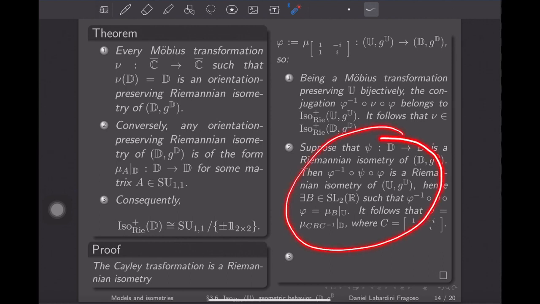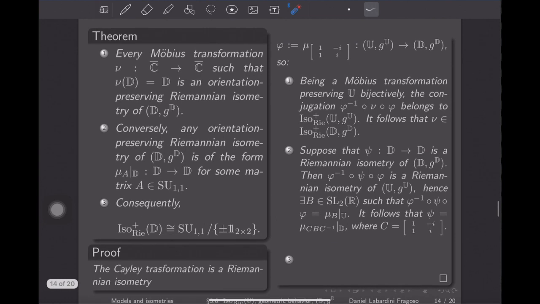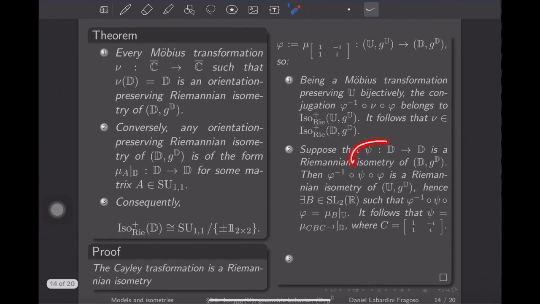Conversely, if you give me any Riemannian isometry, and here I should have said orientation preserving, well, then this one is a Riemannian isometry of the upper half plane, and actually here I should have said orientation preserving, and so this one is also orientation preserving.